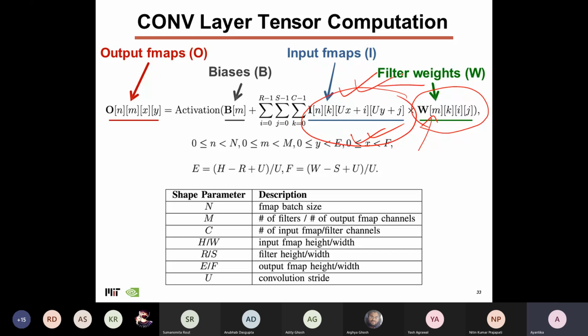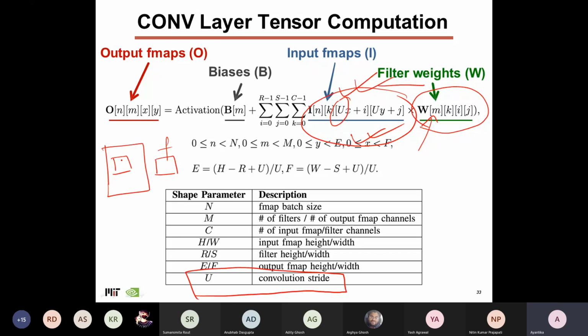And while doing so, you have to take care of one extra parameter, that is U. You can see here, U is the convolution stride. That means you are considering the same input matrix and the same filter, but you also need to consider where your filter is placed, or for which stride.